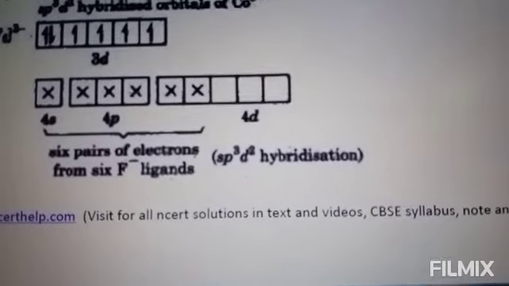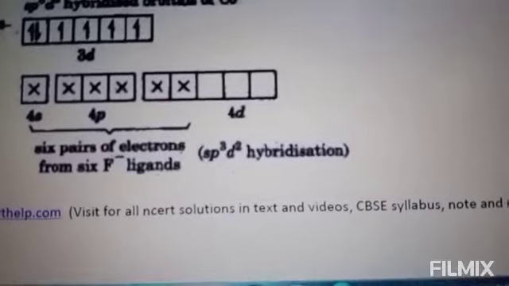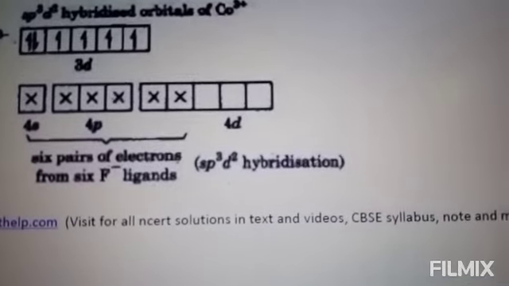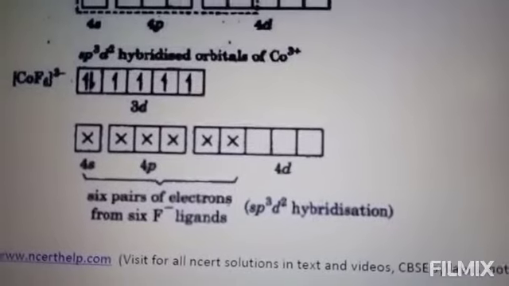So what we have here, in 3d we have 4 unpaired electrons, isn't it? 4 unpaired means what we have? The magnetic properties become paramagnetic. Clear? So like this one, to find out the magnetic properties, structures and hybridization is very important from the exam point of view.